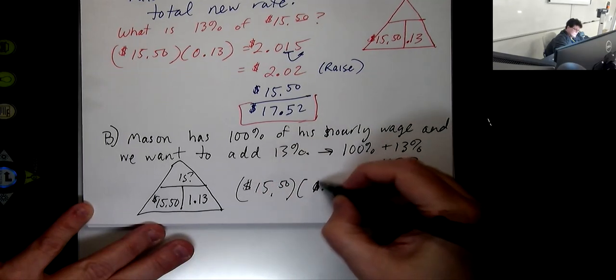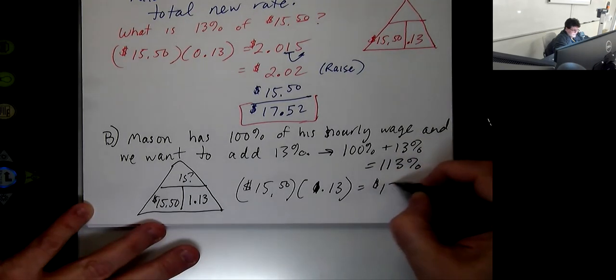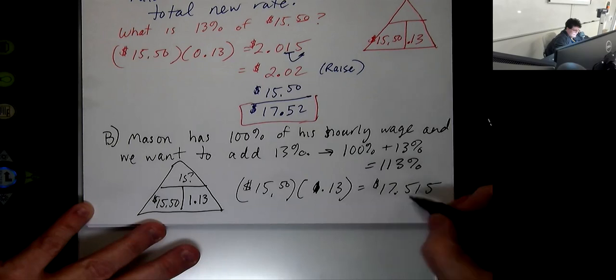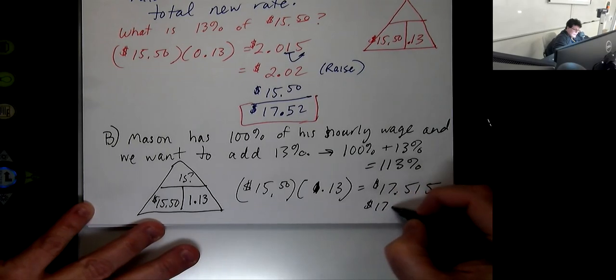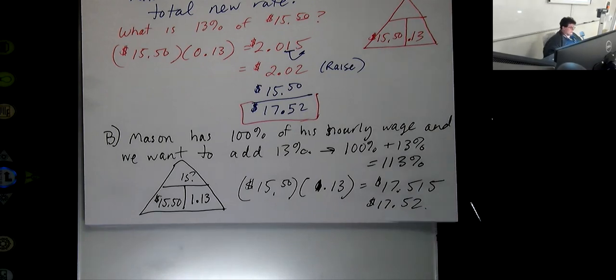We get 17.515, or 17.52, and you have to round it. So I think you got a little bit more than 13%, just a thought.